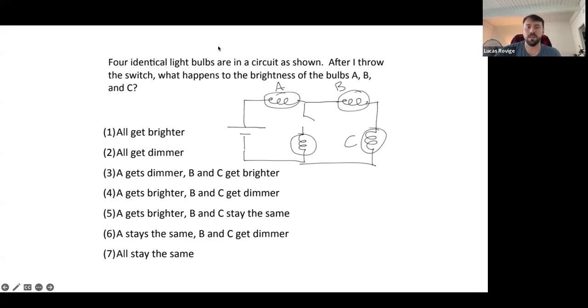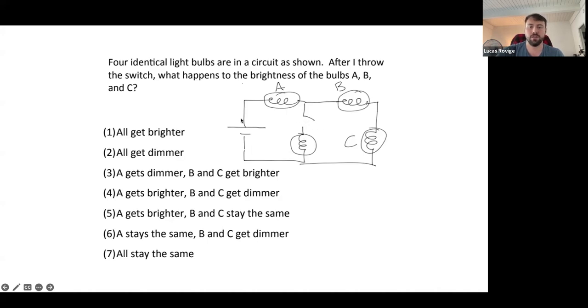Okay, let's have a look at this situation. We have 4 identical light bulbs or resistors, and they're organized in that order. And here we have an open electrical switch.